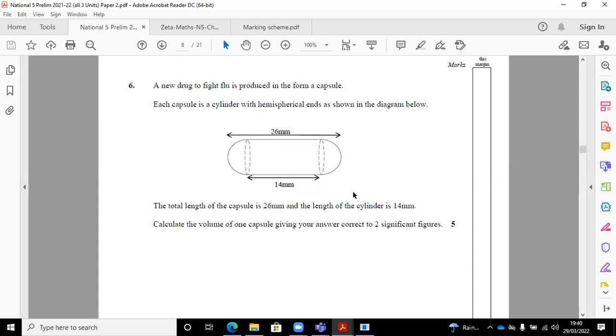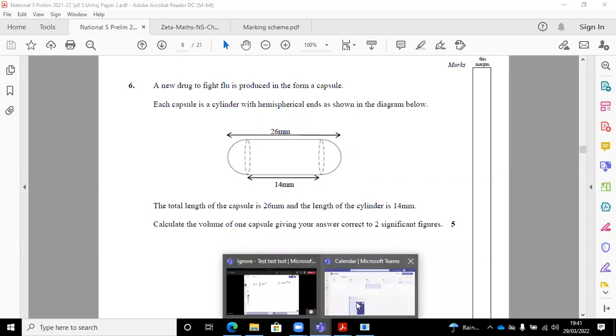My first port of call: go to your formula sheet and look at what you're going to need. I'll share my screen in a second. The volume of a sphere is 4/3 pi r cubed. The volume of a cylinder you don't get, which is pi r squared, your cross-sectional area, times the height.